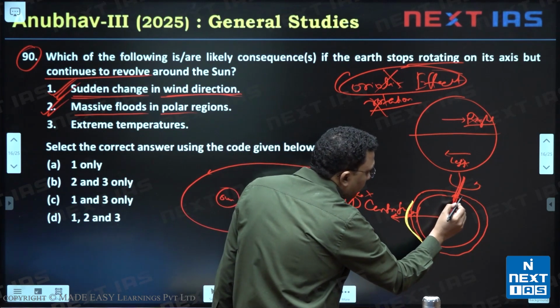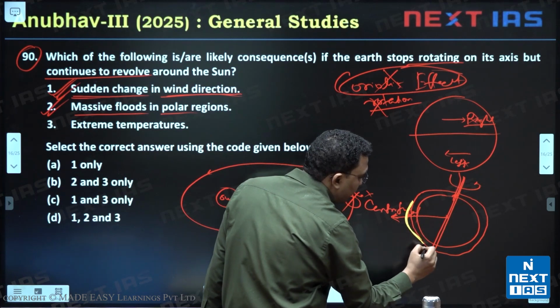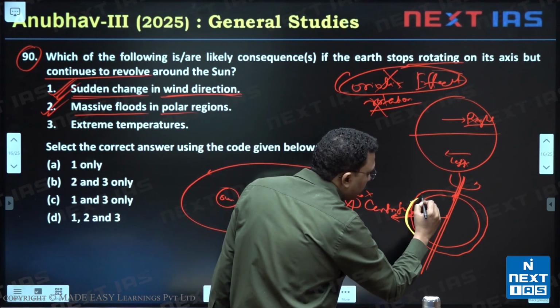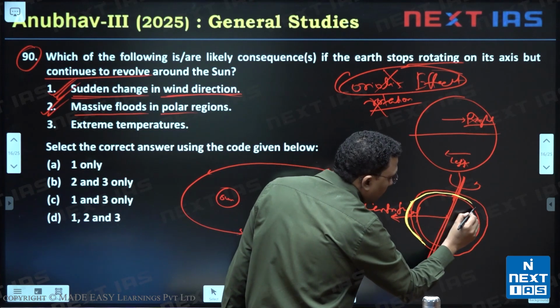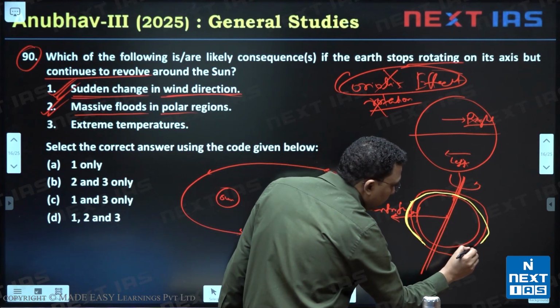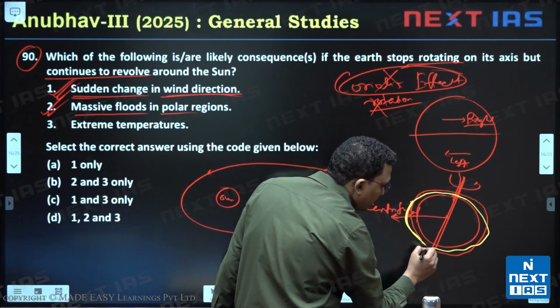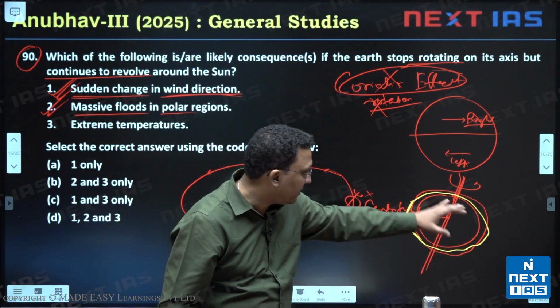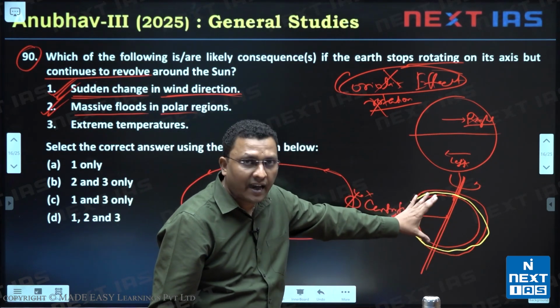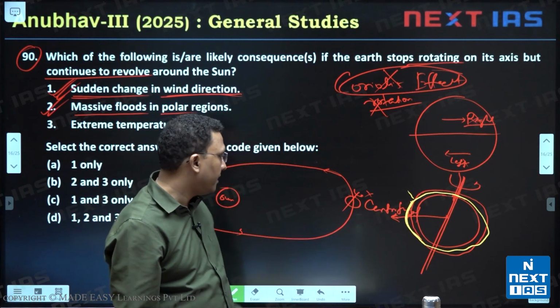And in order to compensate for this bulge, water at other surfaces, particularly near the pole, goes downwards. So the actual distribution of water along Earth's surface is something like this. There are two bulges on the equator, and at the pole the water height is relatively lower, right?